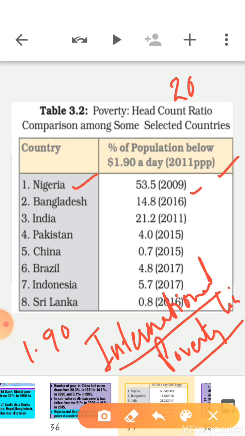As I told you, all those who live on less than 1.90 dollars per day are considered living below the poverty line. So Nigeria, Bangladesh, India and Pakistan are the four countries with a high percentage of population living below the poverty line, and Nigeria has the largest percentage. Clear?